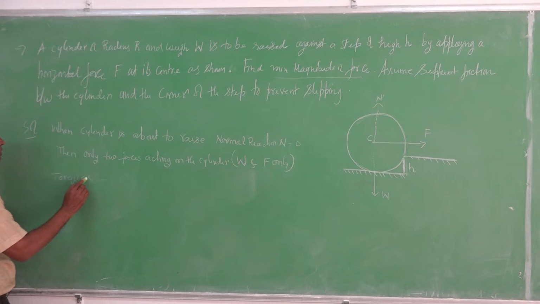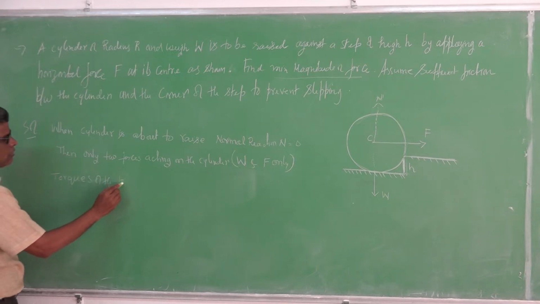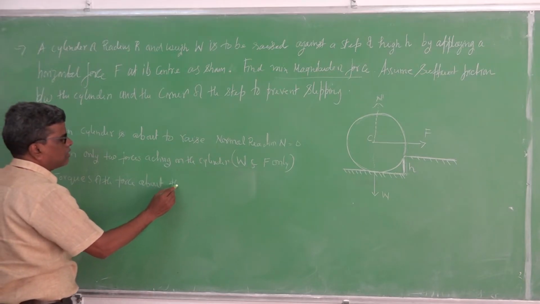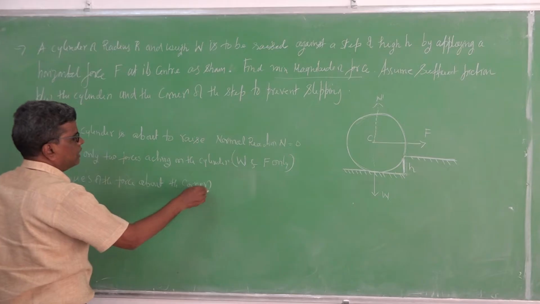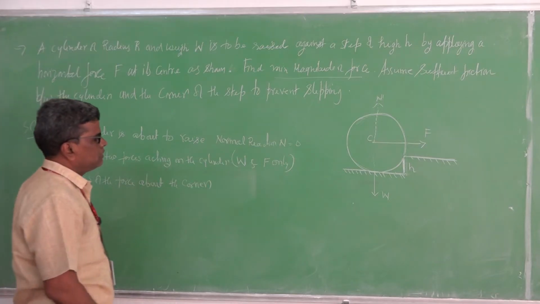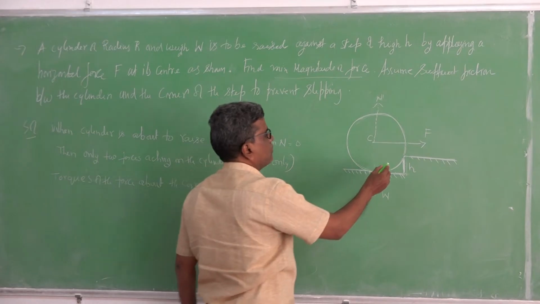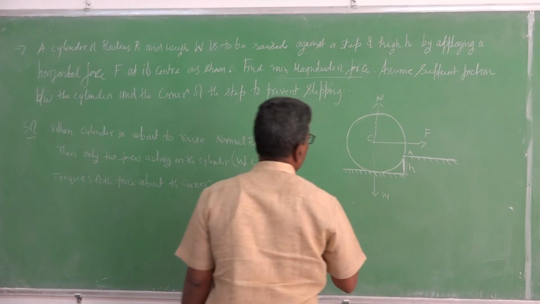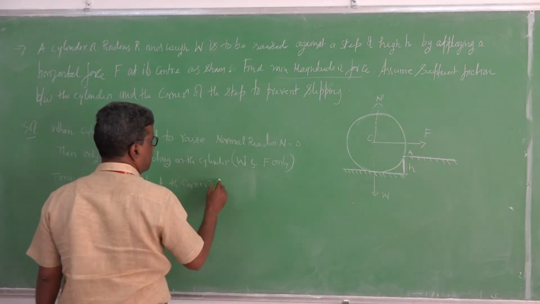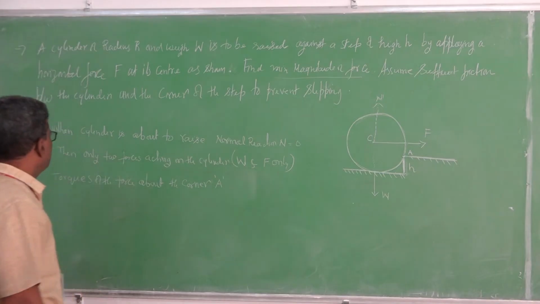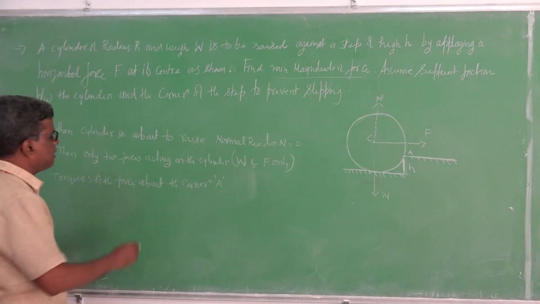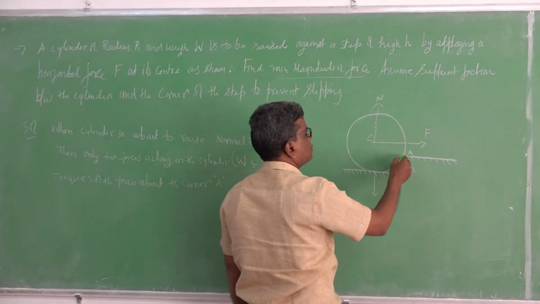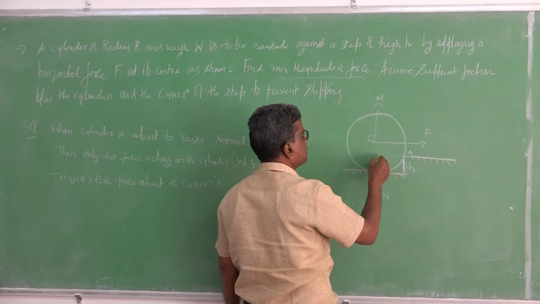I take this corner as a fixed point, and let it be A. This is C. So torques of the forces about the corner A. I will take this torque first: force times perpendicular distance.